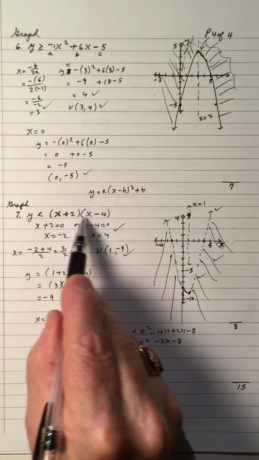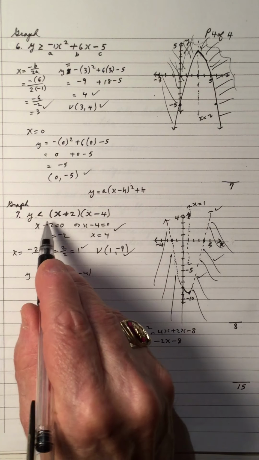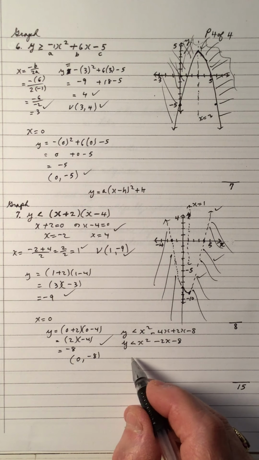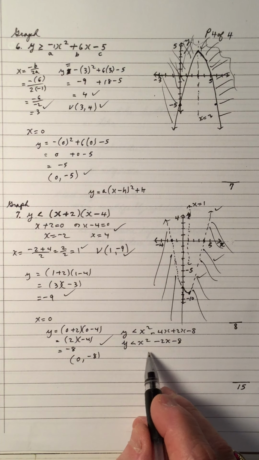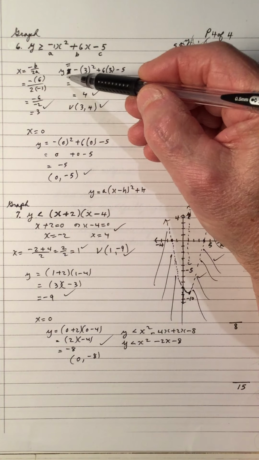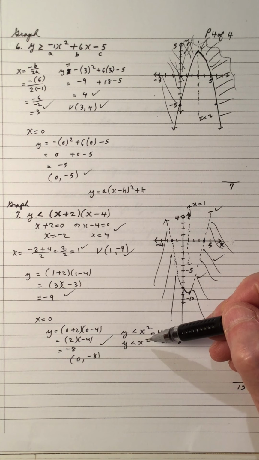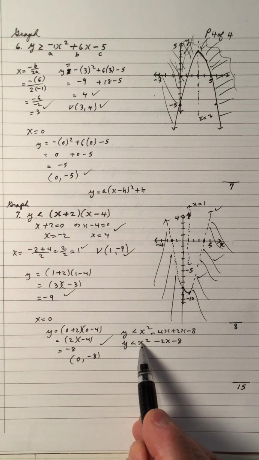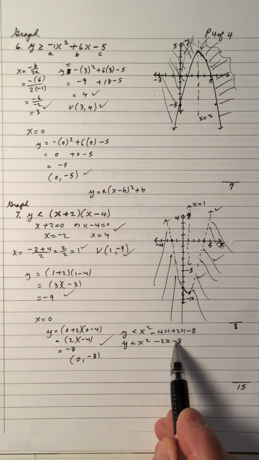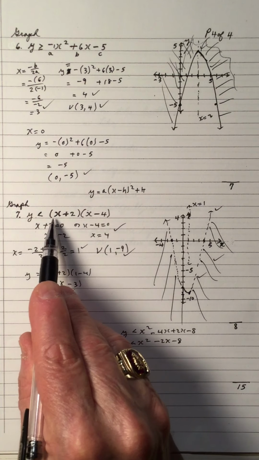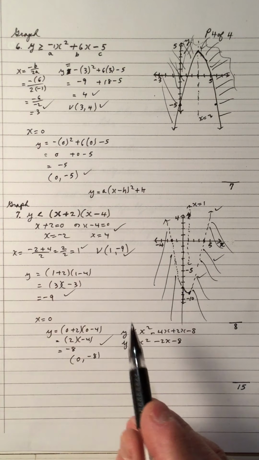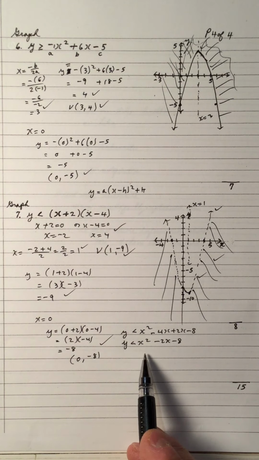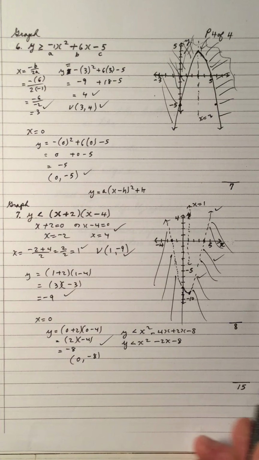So I could have changed this equation from the factored form to the standard form, and then I could have done negative b over 2a like I did up here and found the vertex. And letting x equal 0 in here, you can see y is negative 8 right away. So I could have changed this equation in factored form to standard form and done the negative b over 2a and so on to get the vertex.